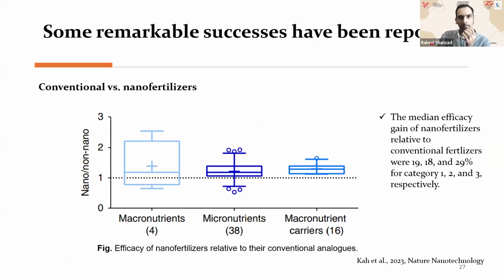It's very interesting. This paper was also recently published in Nature Nanotechnology. Using meta-analysis, these authors checked whether nanofertilizers have increased efficacy relative to the conventional fertilizers, and they found interesting results: somewhere between 18 and 30% of different nanofertilizer formulations have higher efficiency than the conventional counterparts.